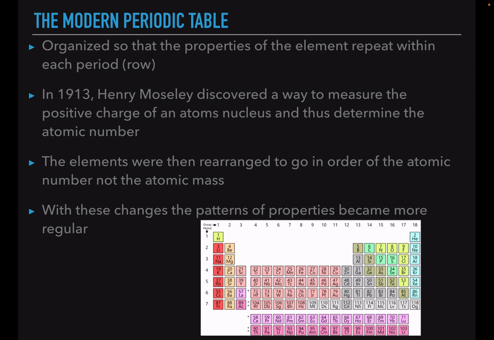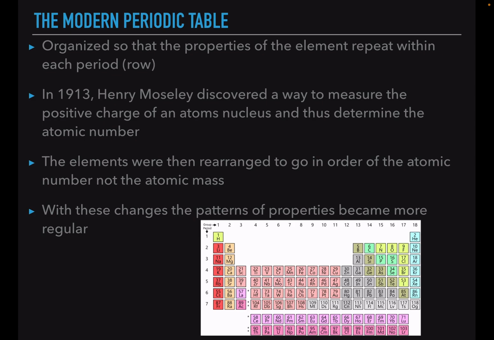By doing that, when they arranged the elements based off of the atomic number, which is the number of protons, there were even more patterns that became regular, and it kind of fixed some of the problems that were occurring with Mendeleev's version, where he had to move some because they needed to be in different groups.